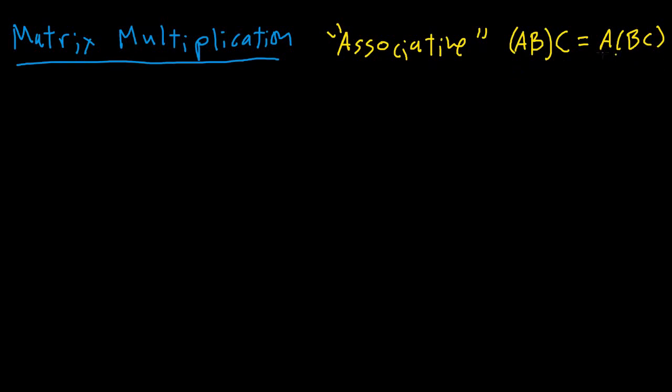In other words, the order in which you multiply matrices doesn't matter. You can multiply A and B first and multiply it by C, or multiply B and C first, then multiply that by A. And the end result will be exactly the same.